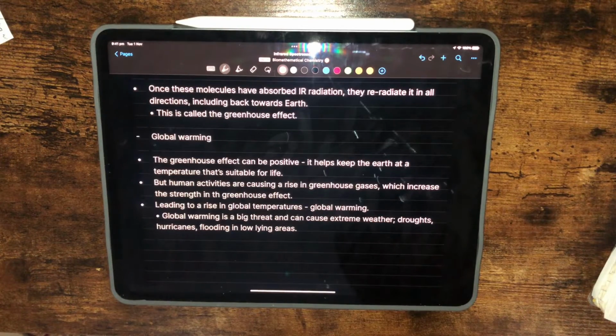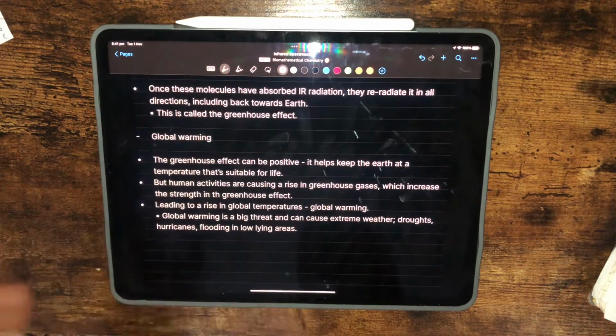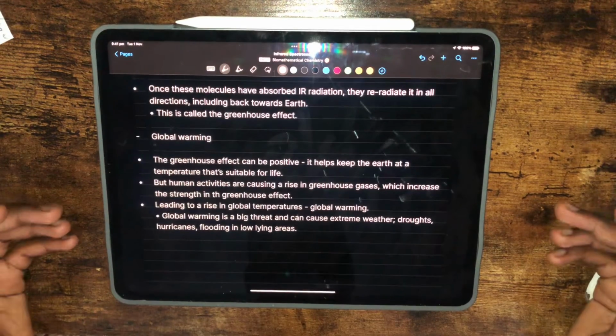Global warming is a big threat and can cause extreme weather, such as droughts, as you see in Australia, for example, hurricanes, and flooding in low-lying areas. I'm not going to go too much into the geography of how floods happen, but you get the point: infrared radiation can also cause global warming.